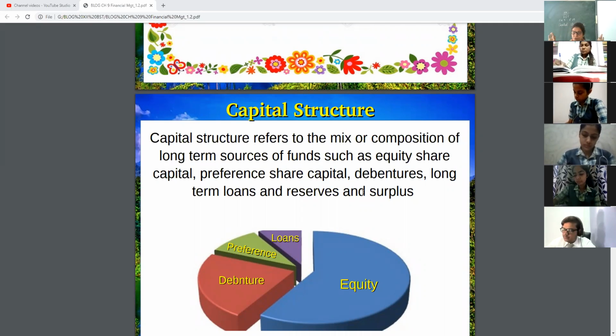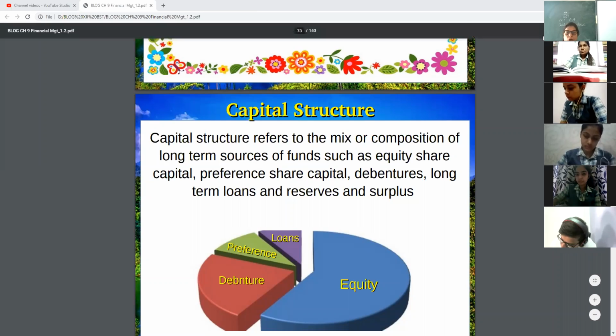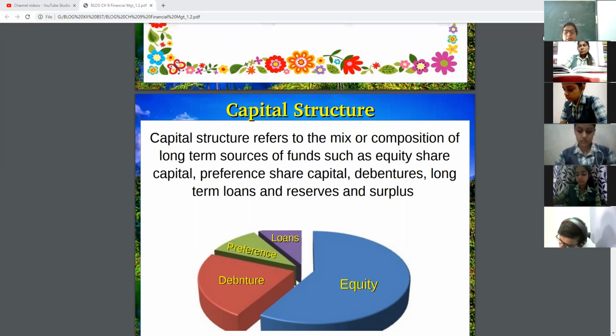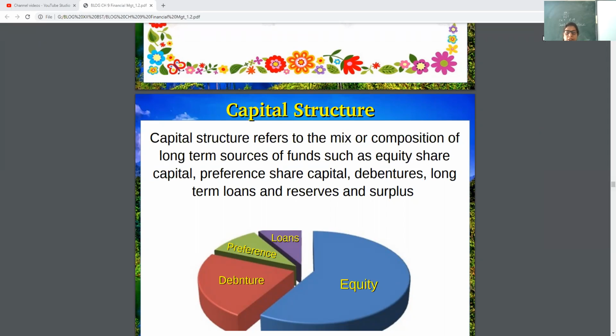Capital structure refers to the mix or composition of long-term sources of funds such as equity shares, preference shares, debentures, long-term loans, reserves and surplus.